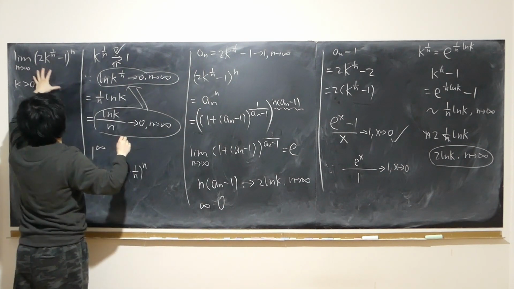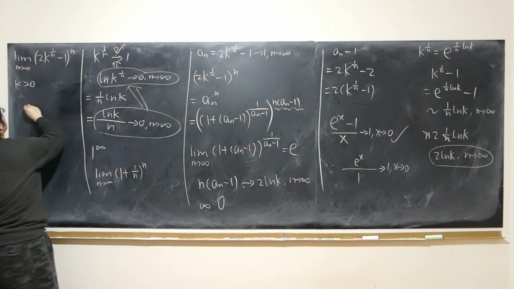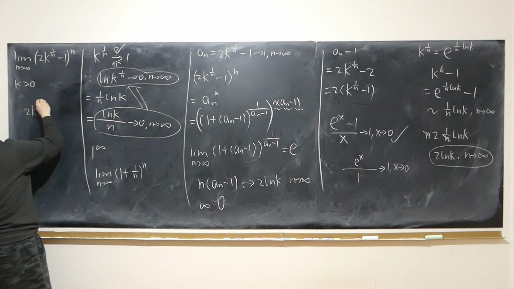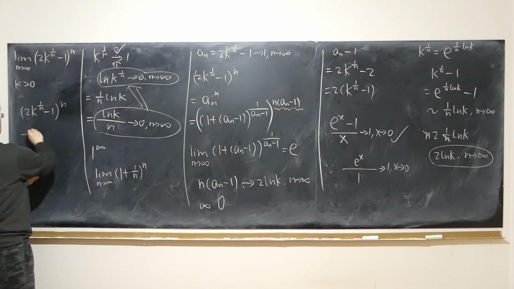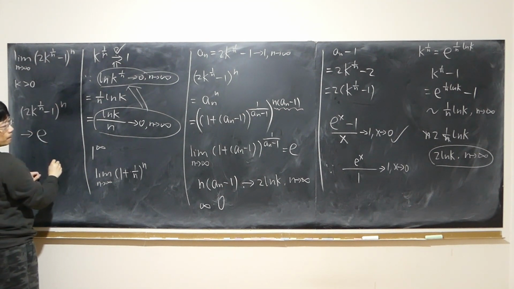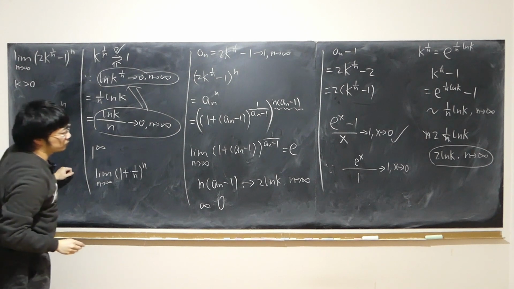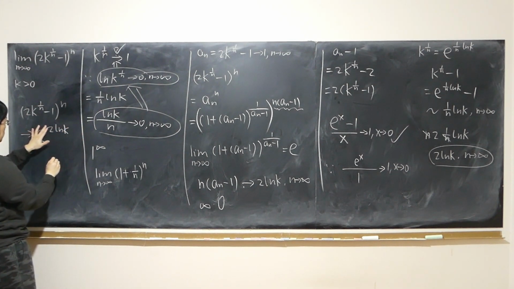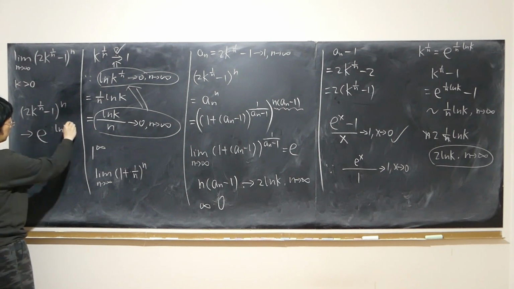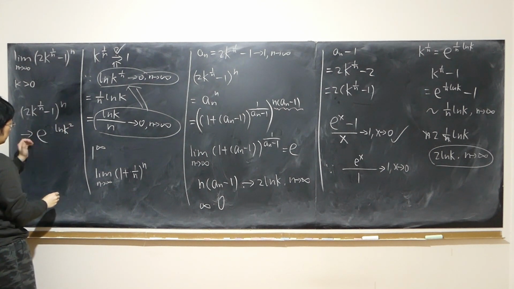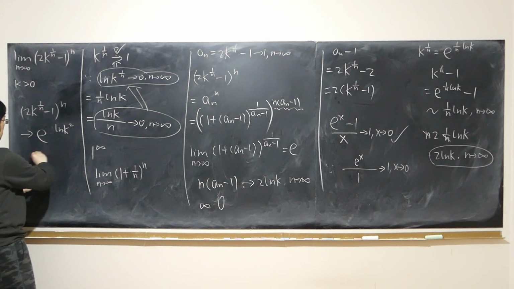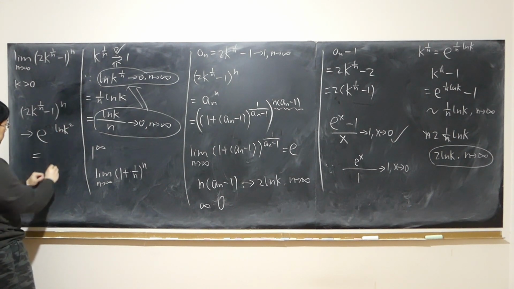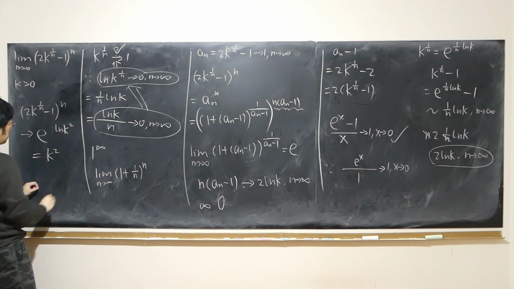So the desired limit approaches e to the 2 times log k. The 2 can be put on the power, so e to the log of k squared is equal to k to the power of 2.